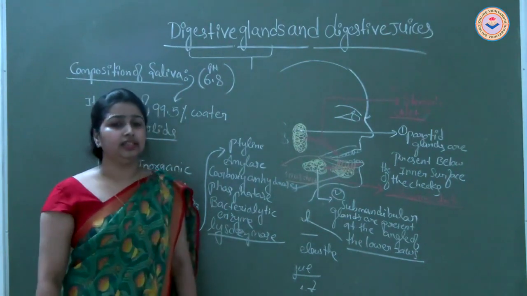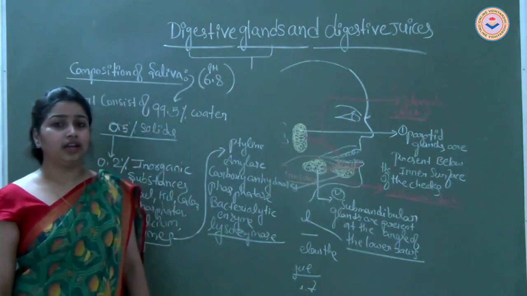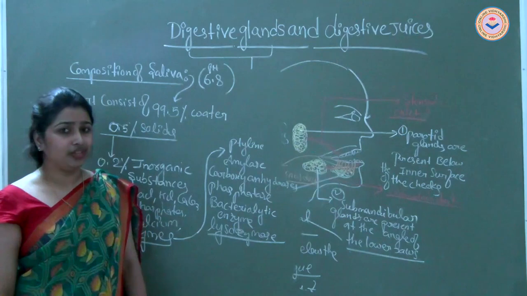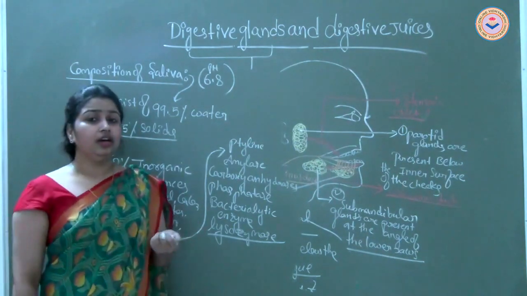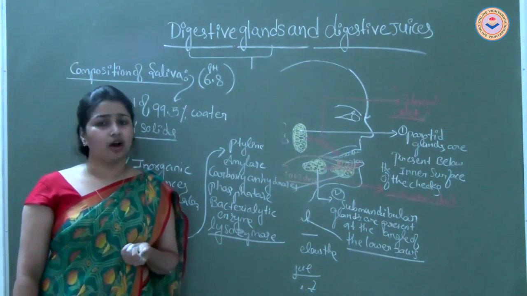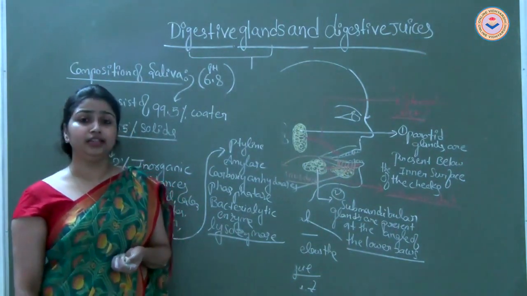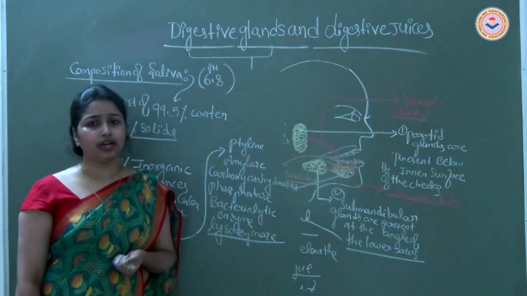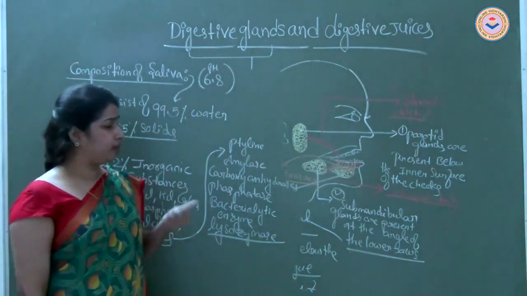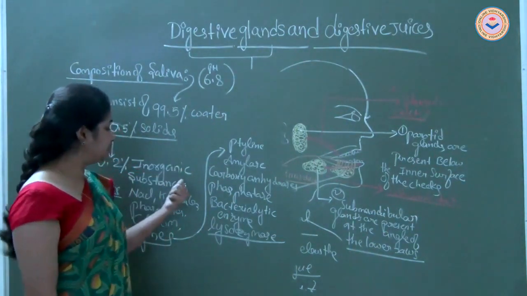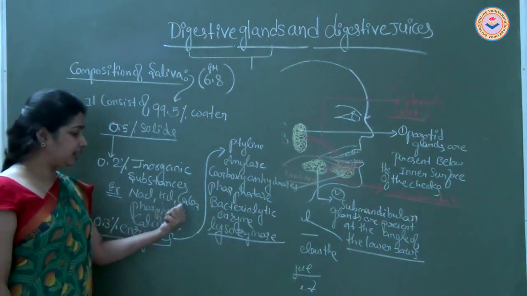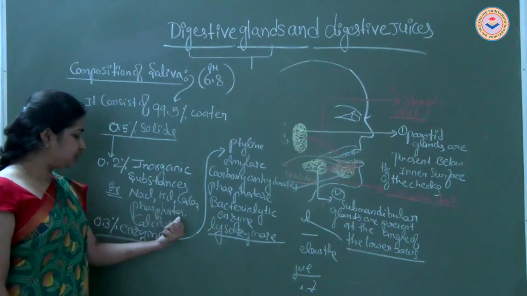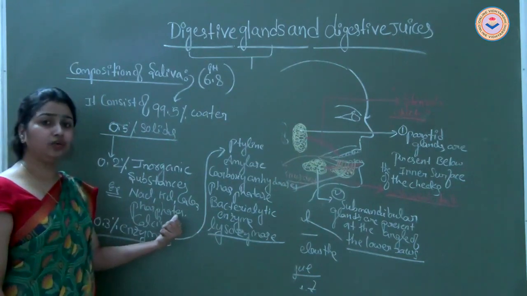So this is the salivary glands and saliva. Once again, saliva consists of inorganic substances, organic substances, and 99.5% water. The inorganic substances include sodium chloride, potassium chloride, calcium carbonate, phosphates, calciums and thiocyanate.